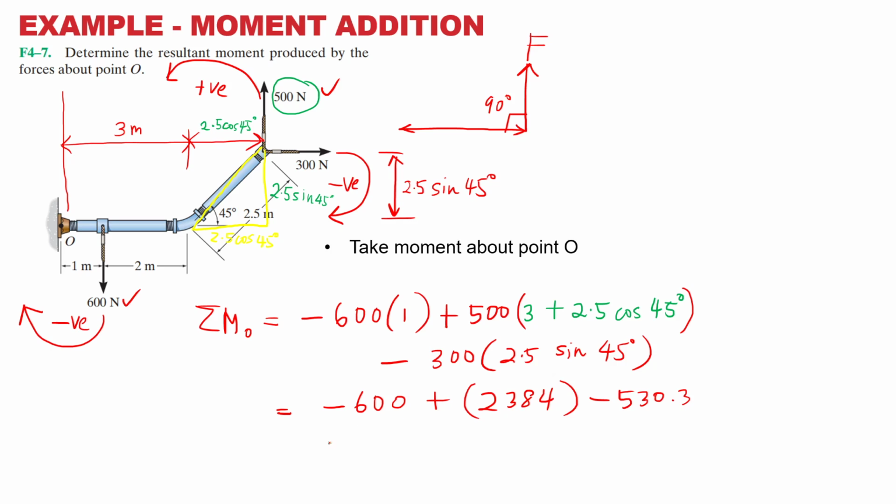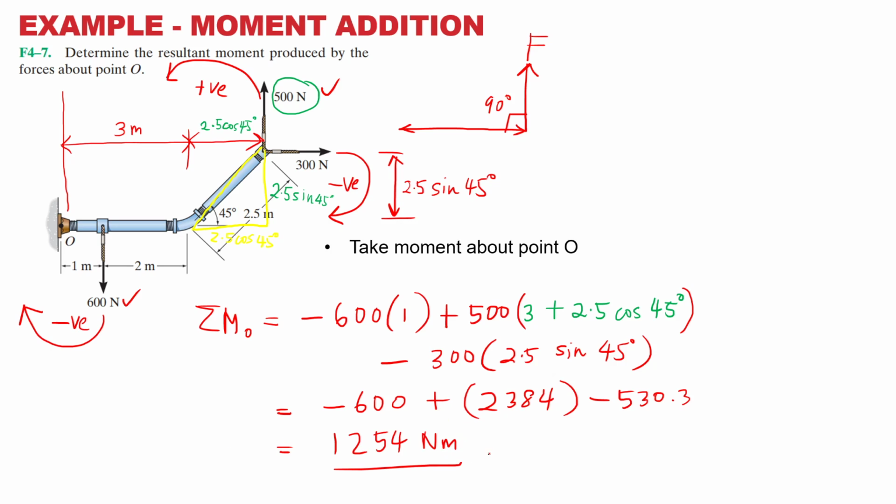Add everything up. What's the answer? Definitely positive wins. 2384 minus 530 minus 600 is 1254. So you're going to get 1254 Newton meter.